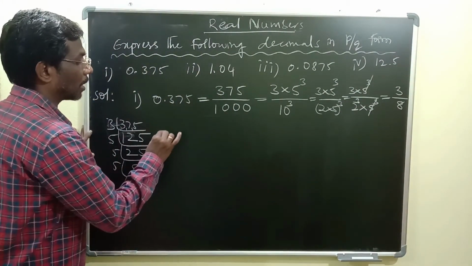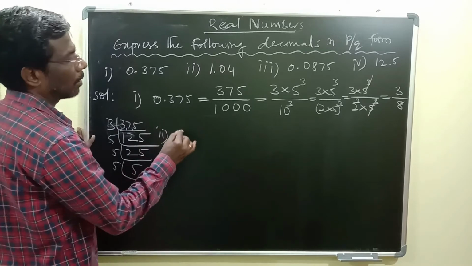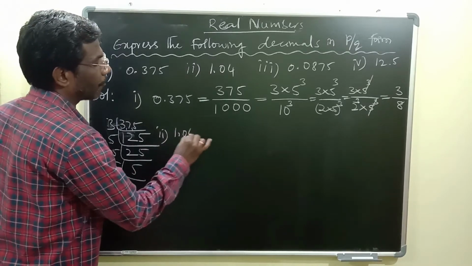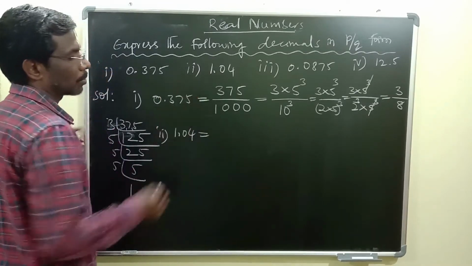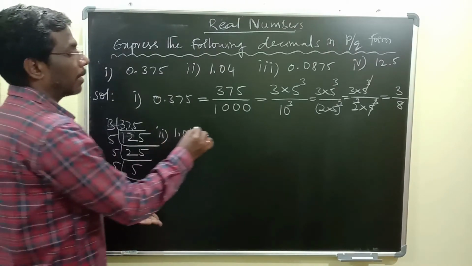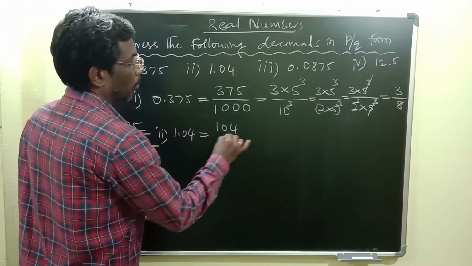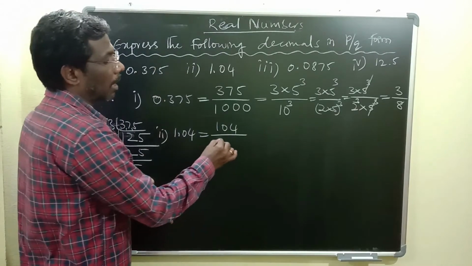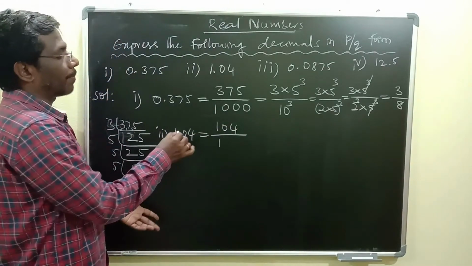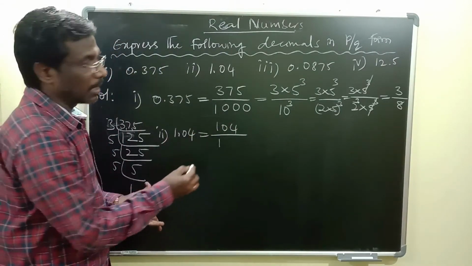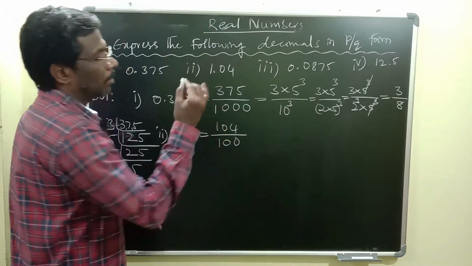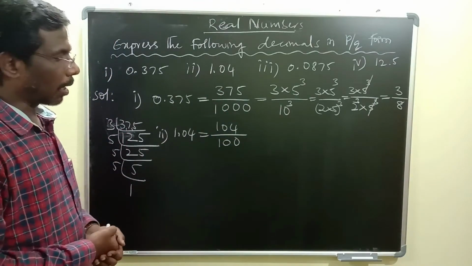And next we take the second one. The second question is 1.04, equal to, so remove the point: 104, by write in the denominator 1. After the point how many digits are there? 2 digits. So write 2 zeros. That is what? 100.